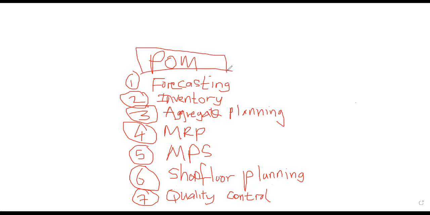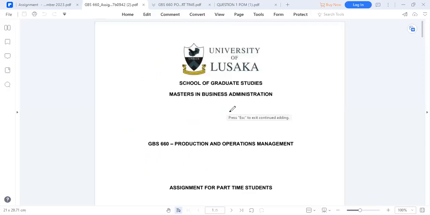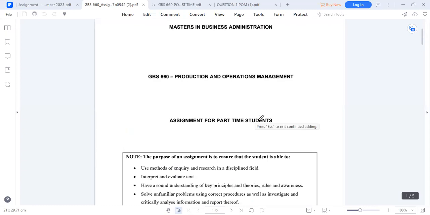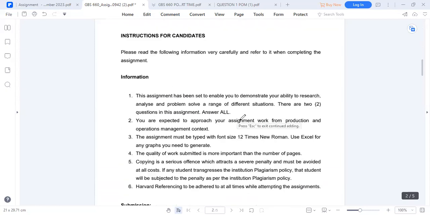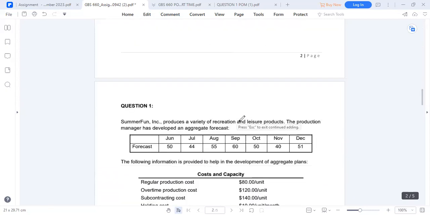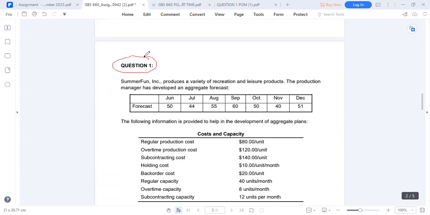Now, getting down to the question that came in an assignment. This assignment for the part-timers, the first question is on aggregate planning.